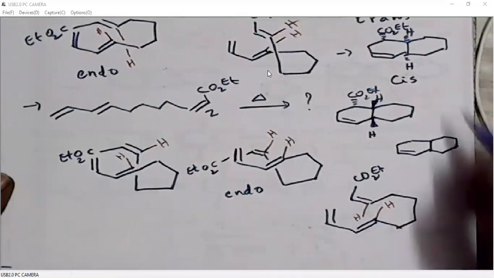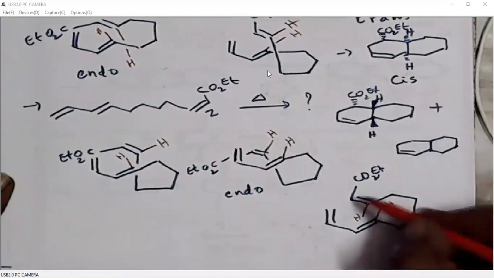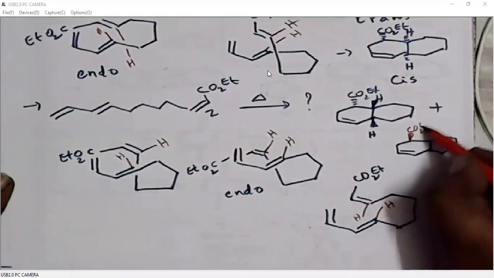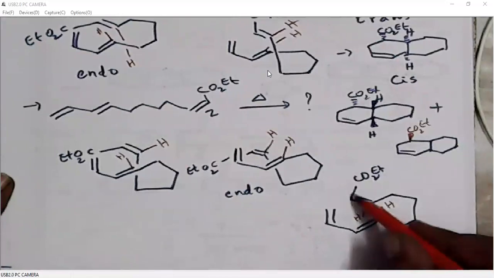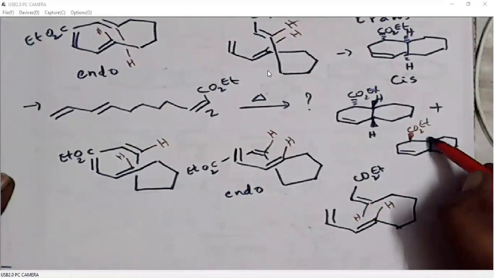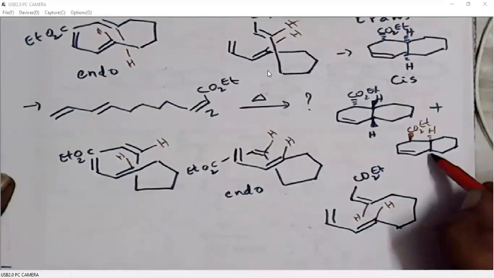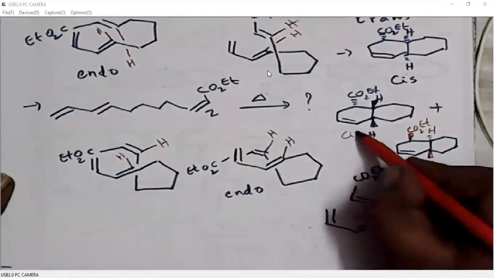I'll clearly draw them. Because it doesn't follow endo, we may try this above the plane, this above the plane. Then this hydrogen and this ester both are opposite, so this must be below the plane, because these two are anti, in opposite directions, so this must be above the plane. So the ring fusion here is trans, here it is cis.